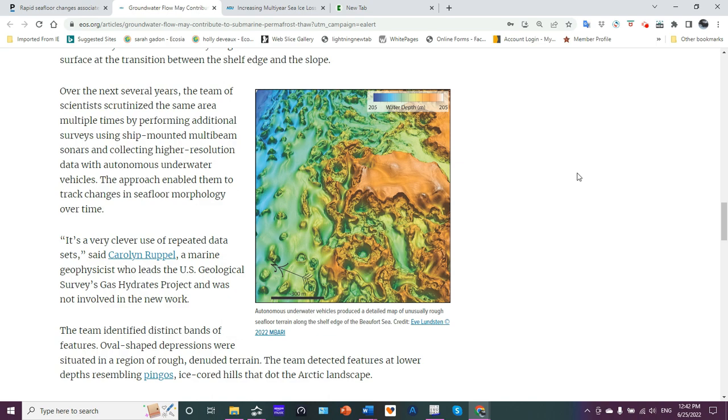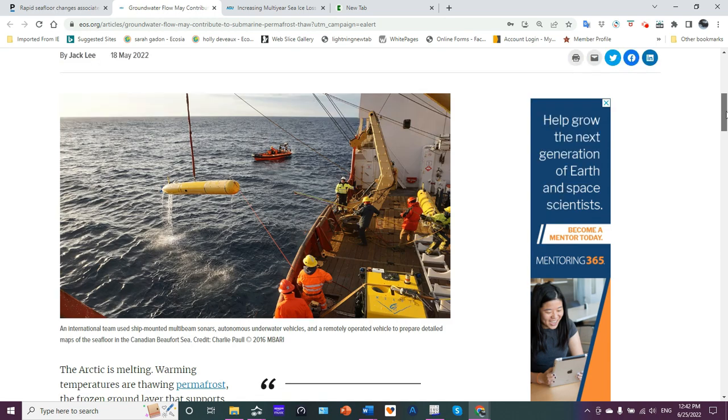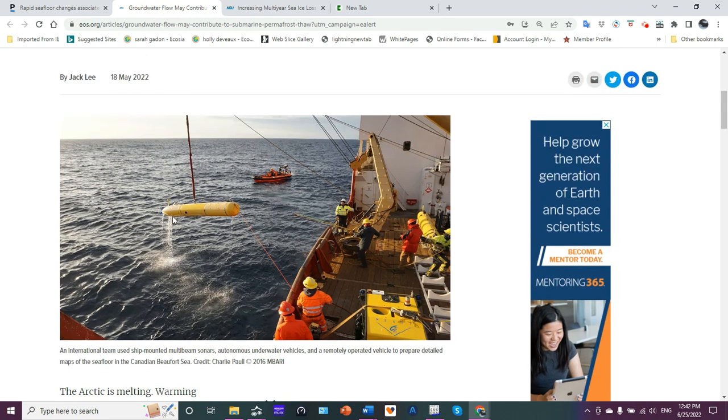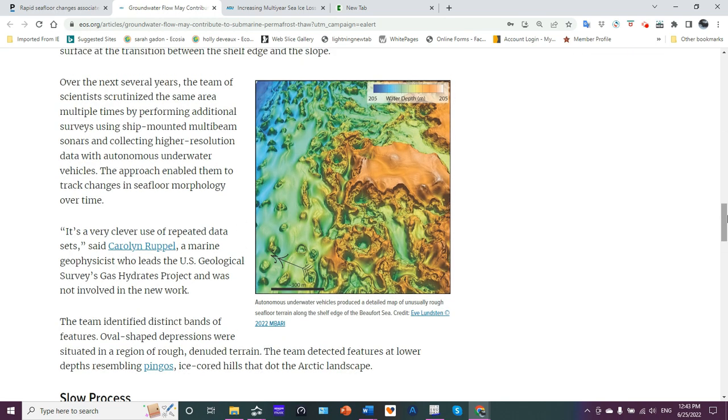Over the next several years, the team of scientists scrutinized the same area multiple times by performing additional surveys using ship-mounted multi-beam sonars and collecting higher resolution data with autonomous underwater vehicles. These guys. The approach enabled them to track changes in seafloor morphology over time.